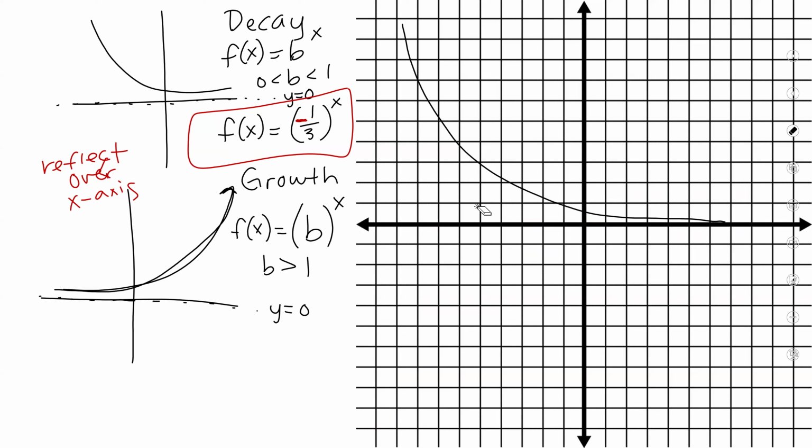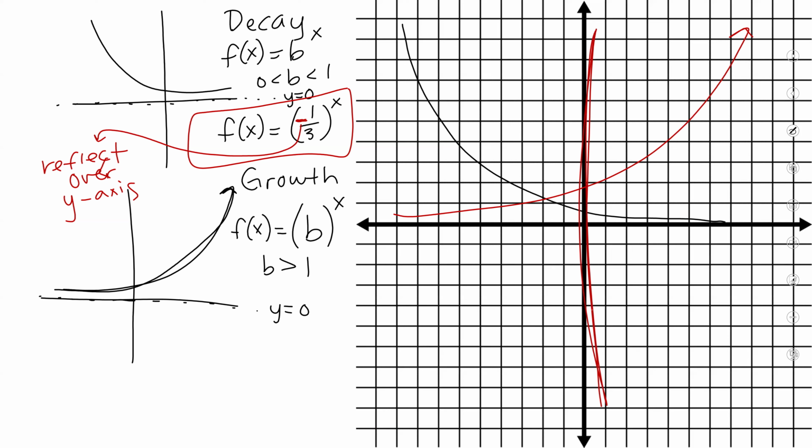What does it look like now? Perfect. Yep, that's what it looks like. What does a negative on the inside mean? It's reflecting across the y-axis. So your new graph will look like this.